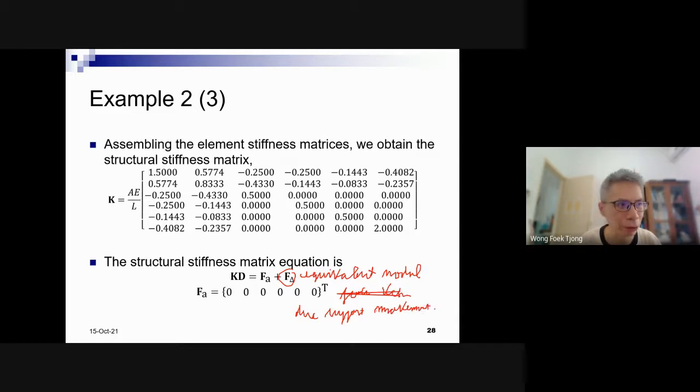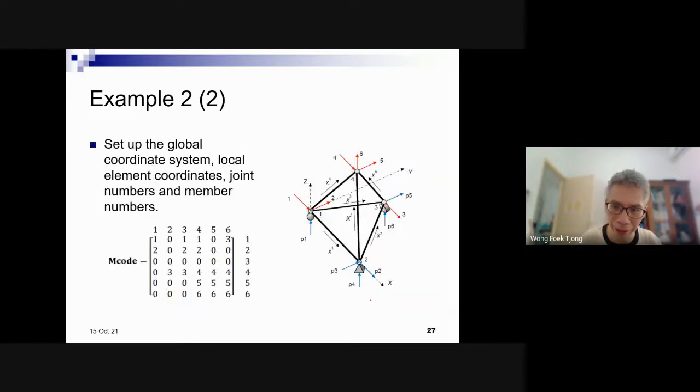If we use the term in foundation engineering, support movement or settlement, delta, okay, because we have delta right here. It moves to here, downward in the direction of member number 5, in this direction, okay.